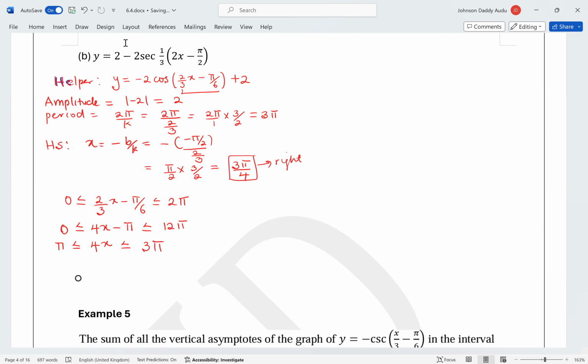So it means we should start from pi over 4. But let's see this here. We said x is 2 over 3, and this is pi over 6.